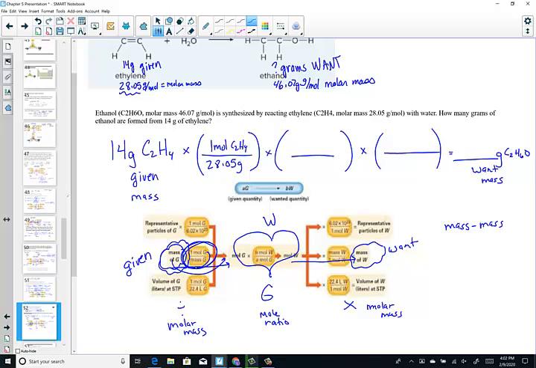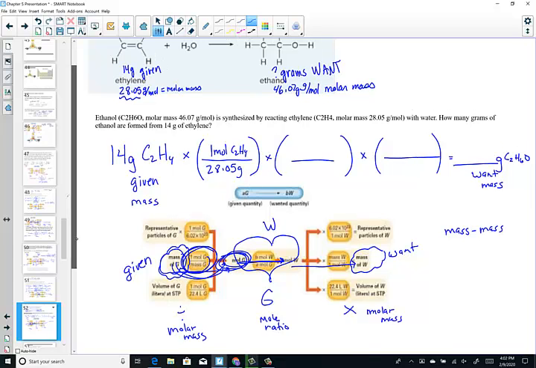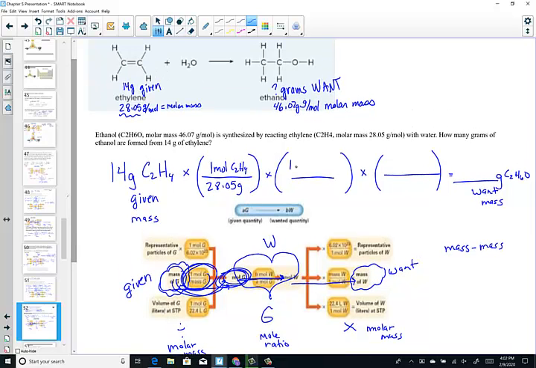Step 1, we divided by 28 the molar mass of given. Now here's where we're standing. I need the mole ratio to pass through this step. I'm tripping over my conversion. What do we want? Well, we want ethanol. Its coefficient is a 1. We were given ethylene. Its coefficient was also a 1. So that's nice. A 1 over 1.